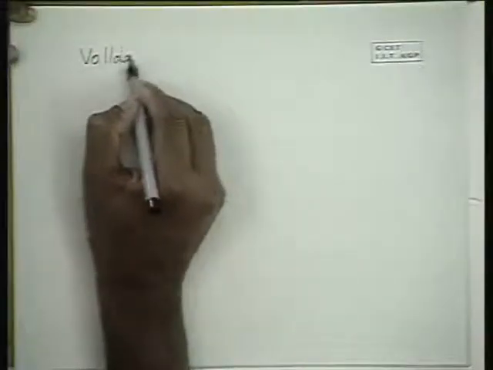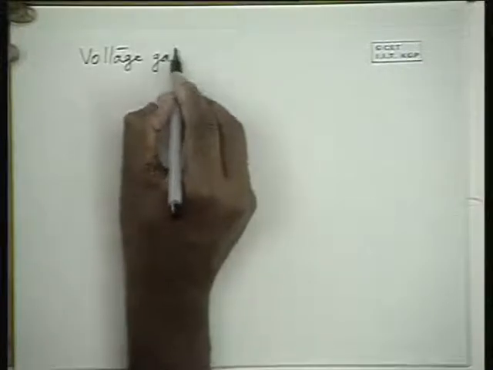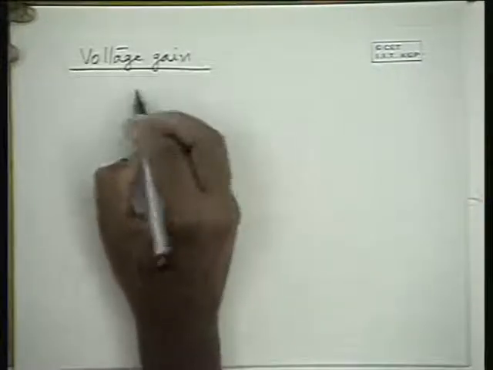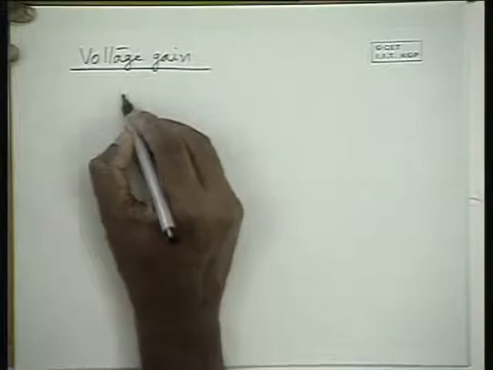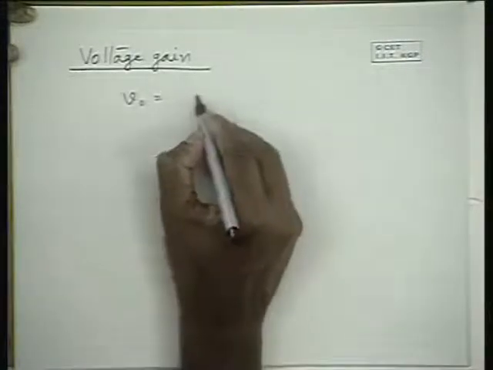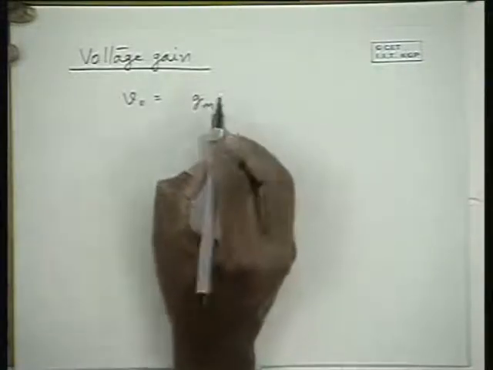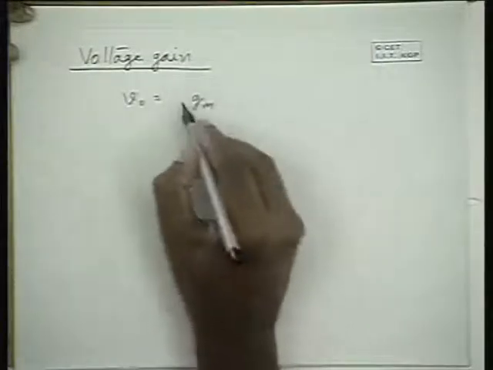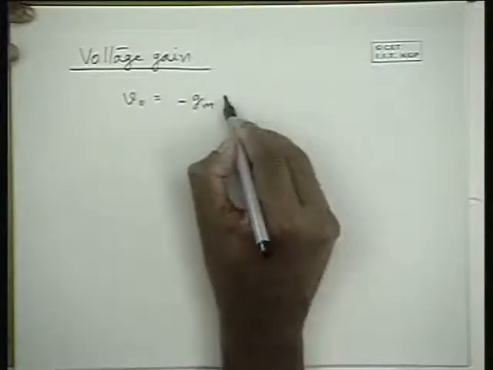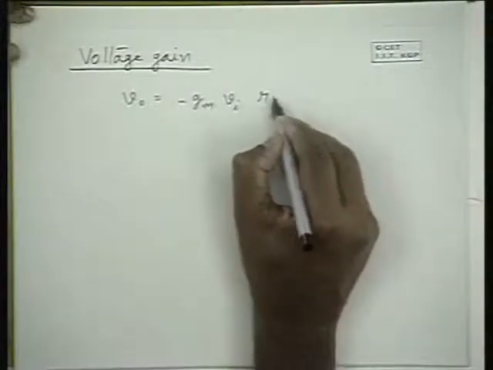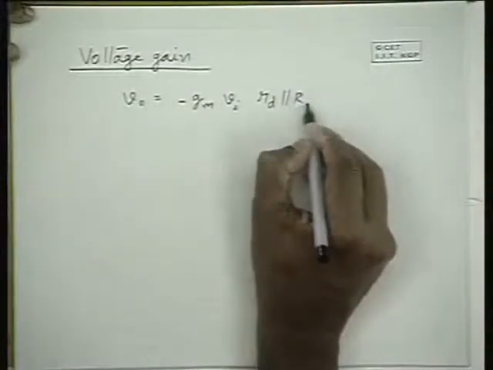So putting the steps together, what we have here for voltage gain: the output voltage V0 is minus GM VGS, where VGS is equal to VI itself, minus GM VI into rd in parallel with capital RD.